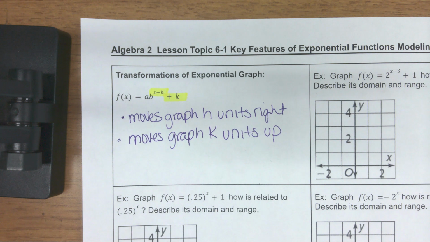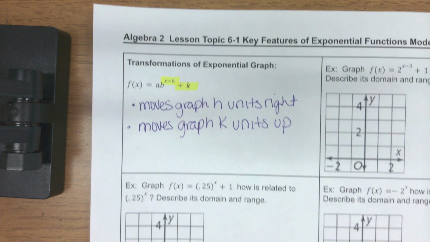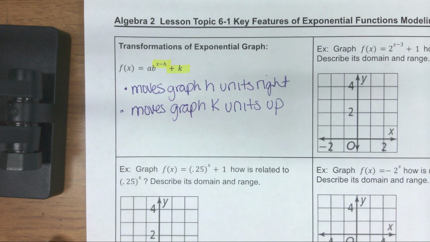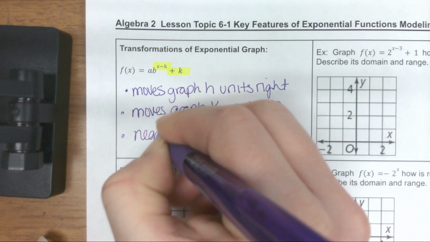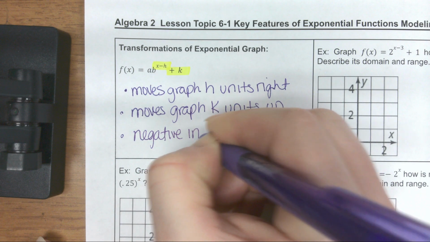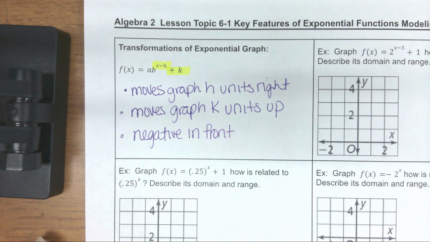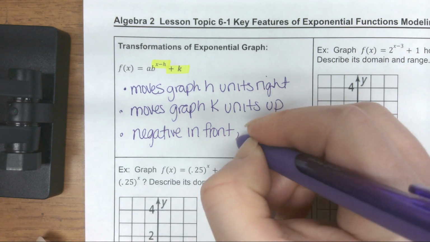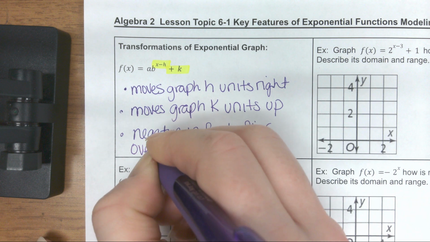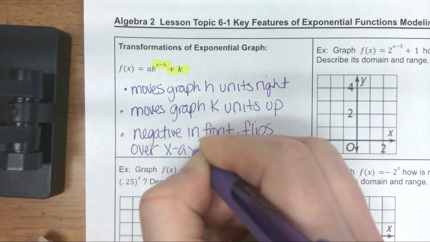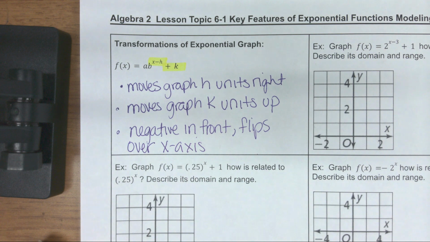In addition to that, a negative in front flips the graph over the x-axis. That would be the only other transformation.